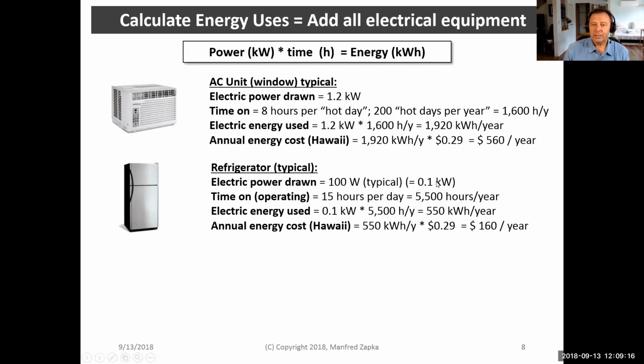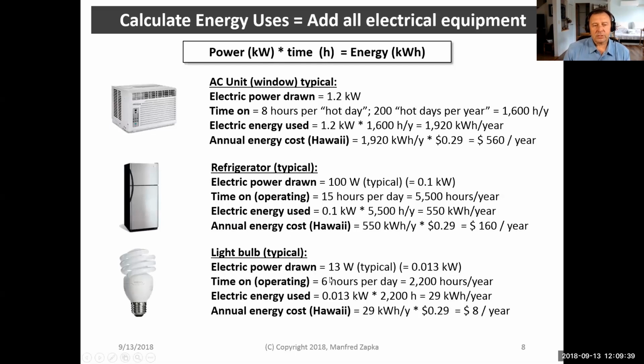So we would have 15 hours per day times 365, which is 5,500 hours per year. The electric use is 0.1 kilowatt times 5,500 hours per year. We have 550 kilowatt hours, and the annual energy cost for that would be $160 per year.